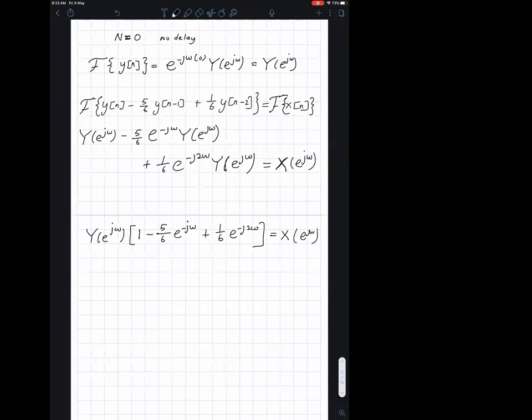Then the frequency response H(omega) is equal to the output, which is Y(e to the j omega), divided by the input. That's going to be 1 over all this.